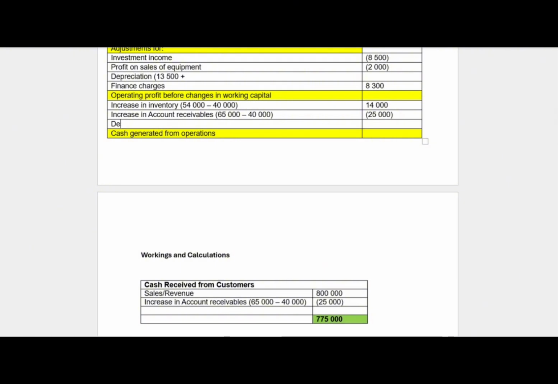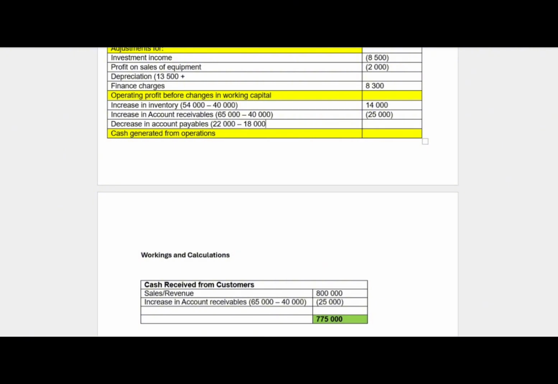There's a decrease. So you go to your answer sheet there under reconciliation, you say decrease in account payables. Decrease in account payables, open brackets, 22,000 minus 18,000.